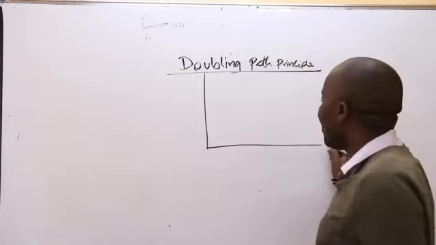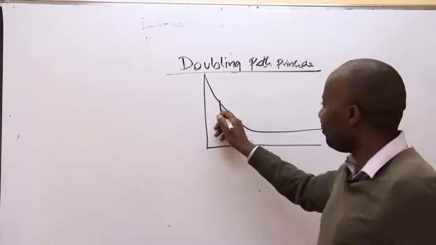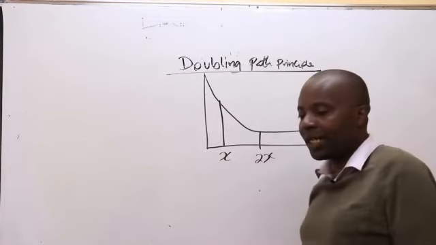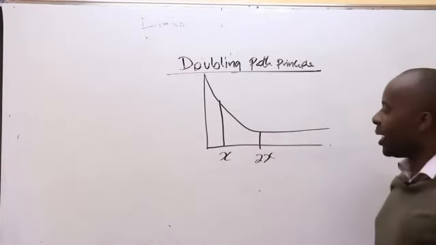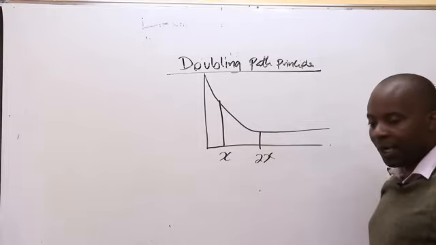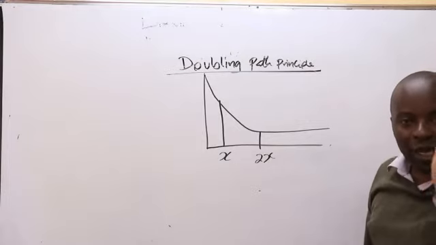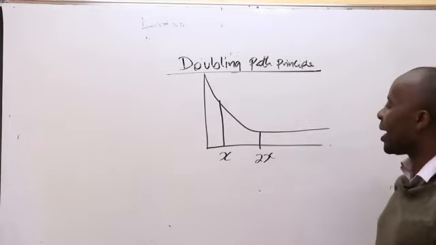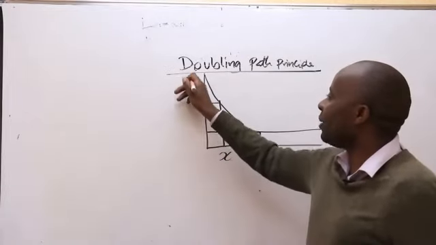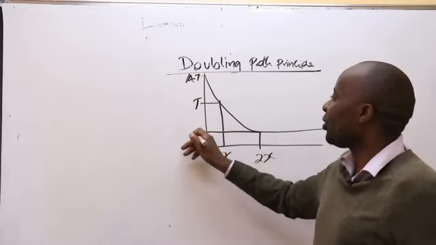In the doubling path principle, ladies and gentlemen, this is what we have. As output doubles from x to 2x, as output doubles means multiplying by 2, our AT, our average time, reduces from t to RT.